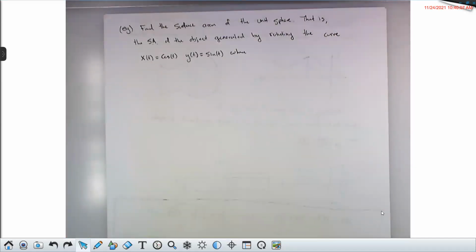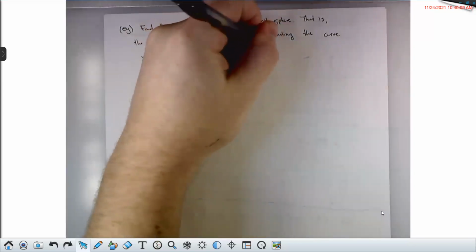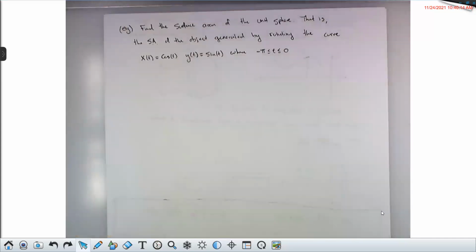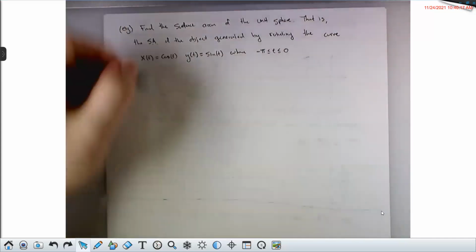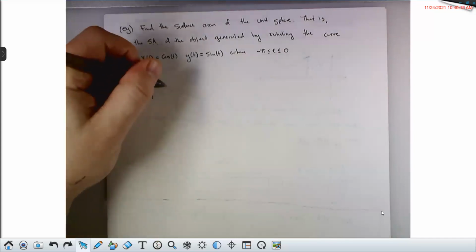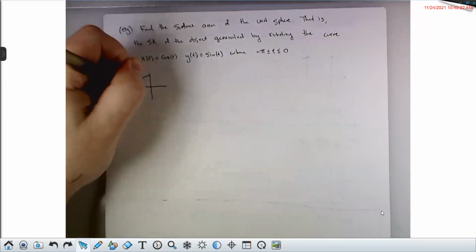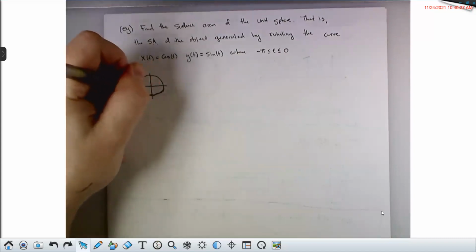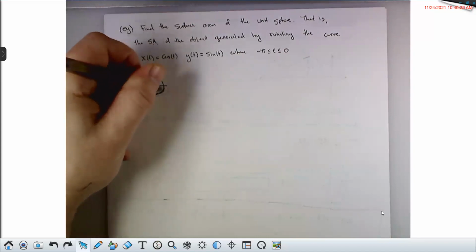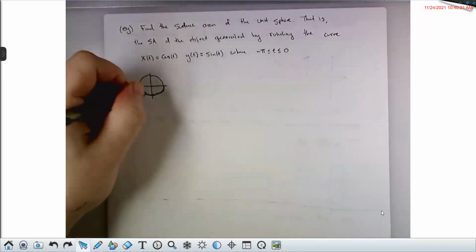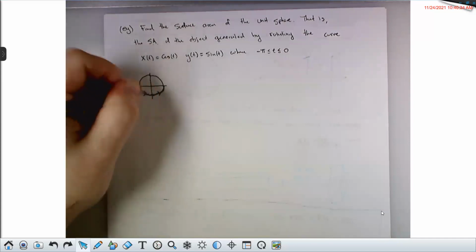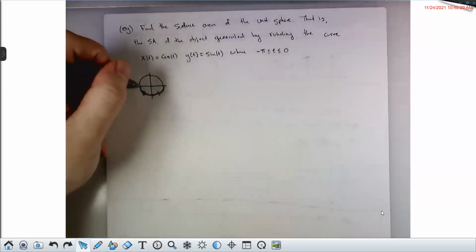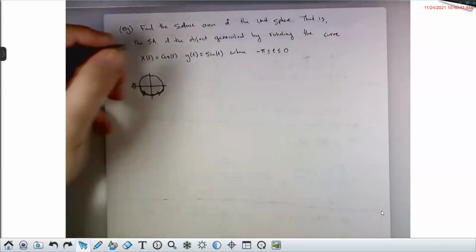Why not? Keep the orientation positive, from negative pi less than or equal to t less than or equal to 0. So this curve is a portion of the unit circle. It's this portion down here, traversed in this direction. And I'm going to rotate this about the x-axis.